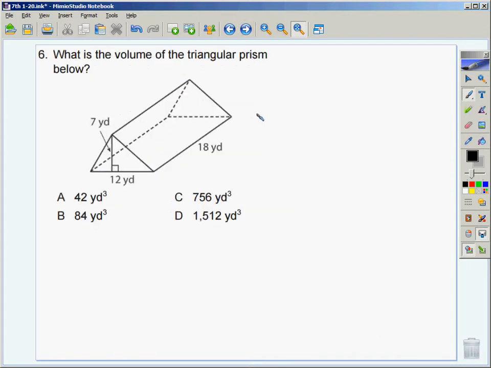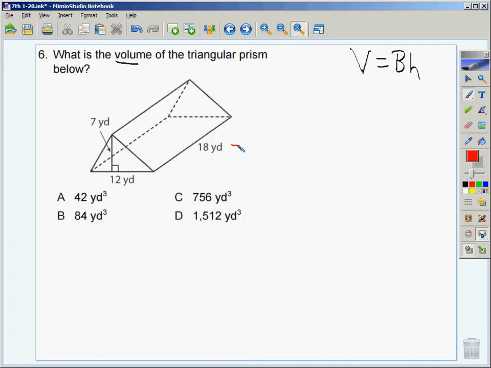Number 6. The hardest part about number 6 is that you have to know the formula, and honestly, the hardest part is making sure that you know what the height is.